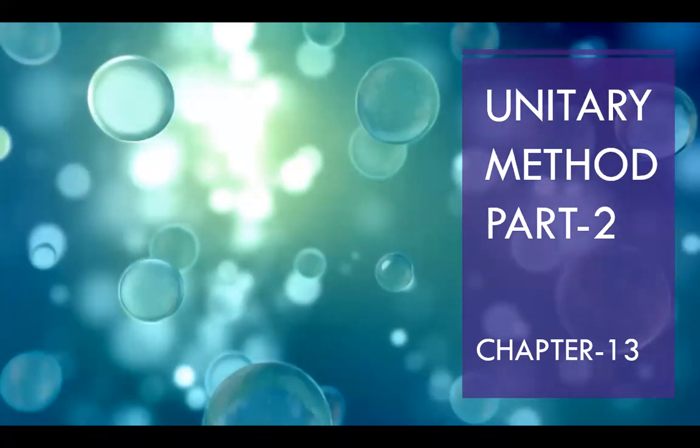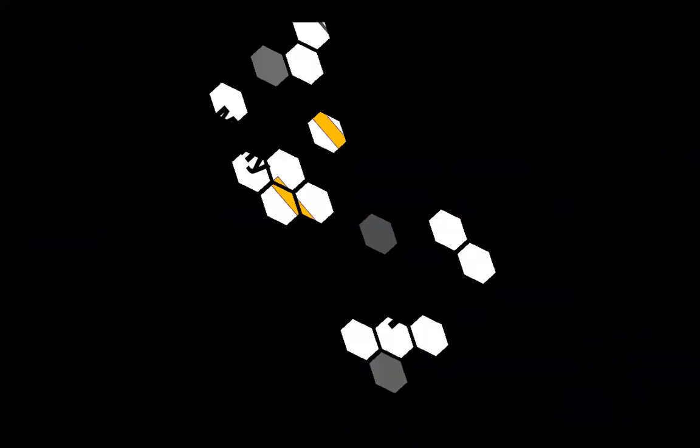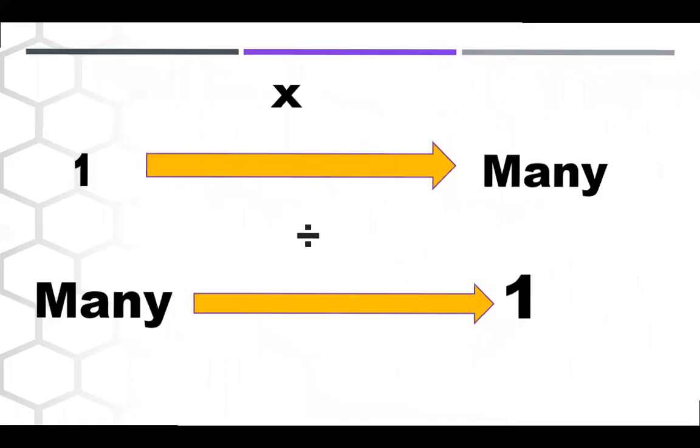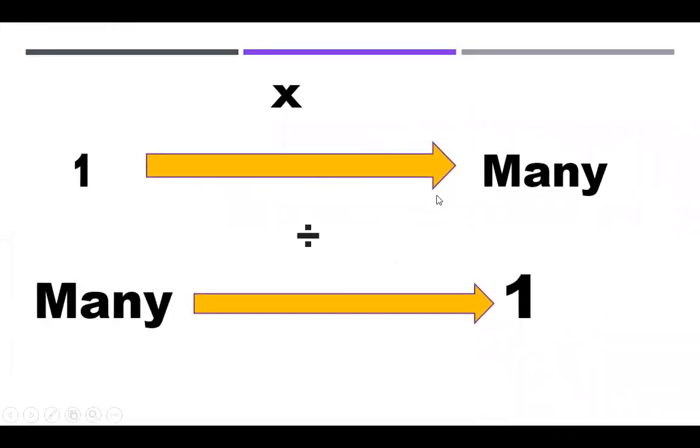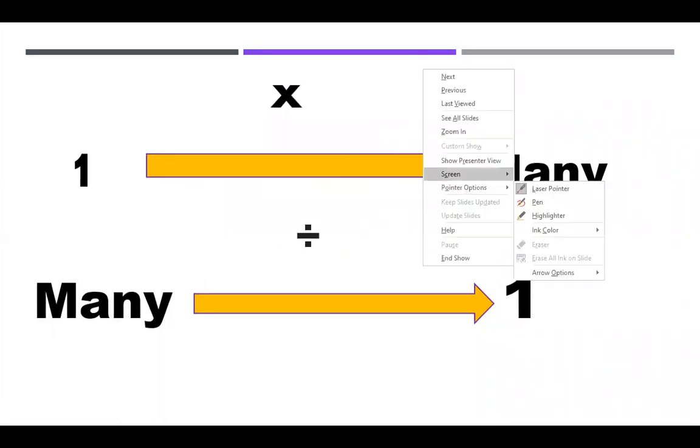Let's learn the main concept of unitary: from 1 to many we will multiply, and to find for many things we always do the multiplication. And when you have many things and you want to find for one thing, then we will do division, right?